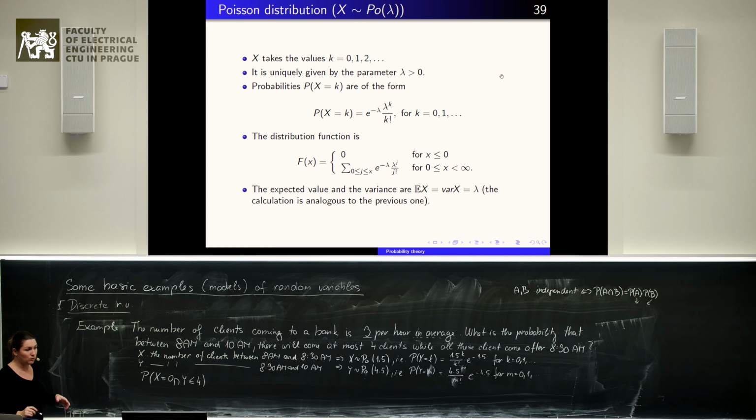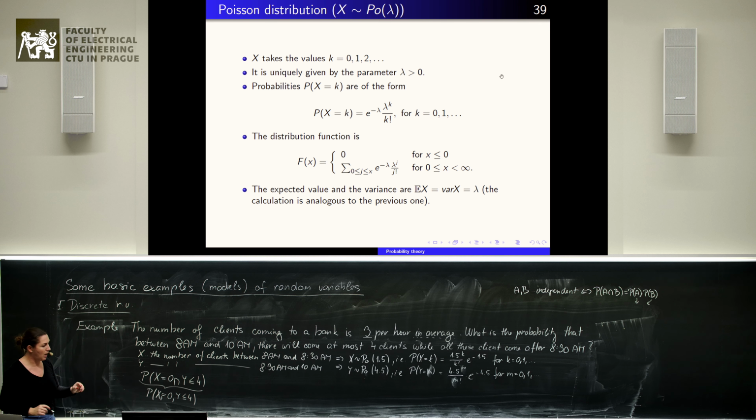Usually when we work with random variables, we don't write the sign for intersection, and we write only the comma, but it means the same.